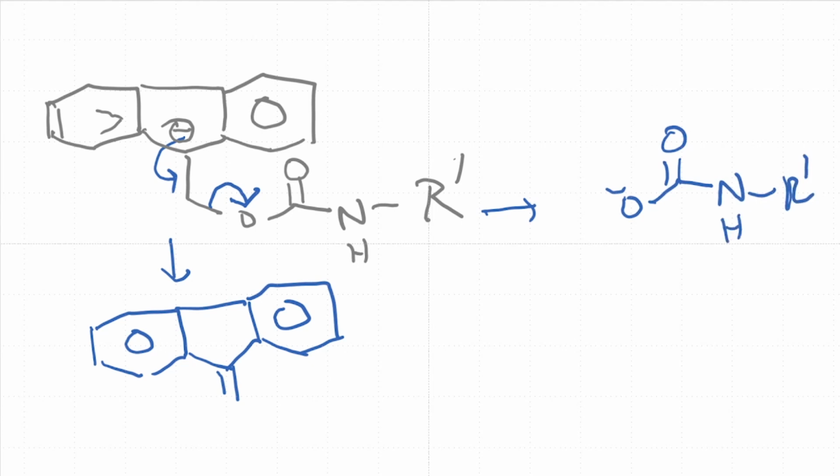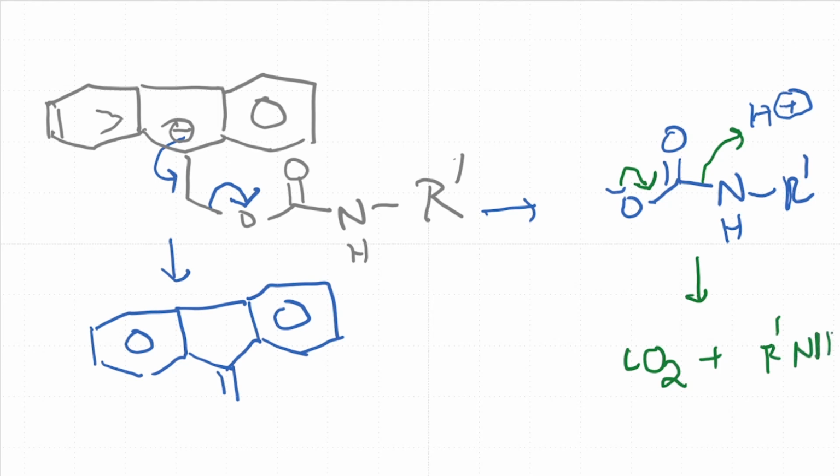Okay, so what can happen is that if there is some H plus floating around in solution, this can pick up this proton and produce CO2 and R prime NH2, which is basically the amino acid product, right?